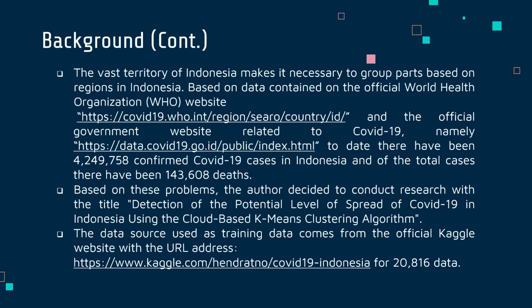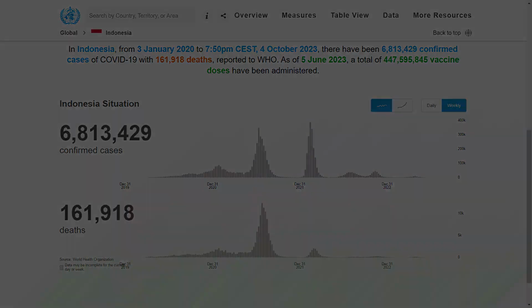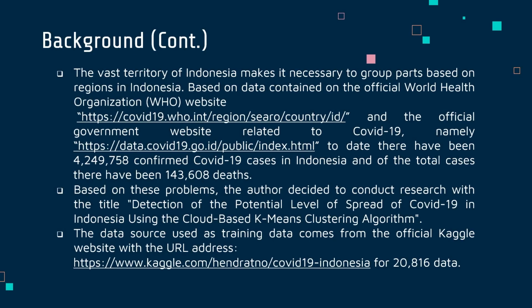The vast territory of Indonesia makes it necessary to group parts based on regions in Indonesia. Based on data contained on the official World Health Organization (WHO) website, https://covid19.who.int/region/0/country/id/, and the official government website related to COVID-19, namely https://data.covid19.go.id/public/index.html.